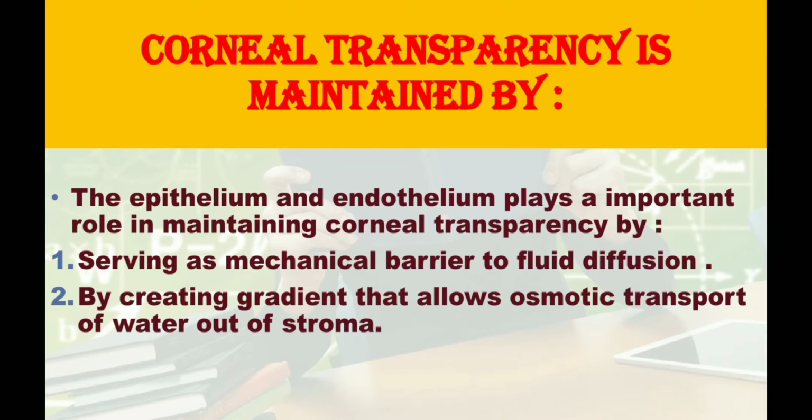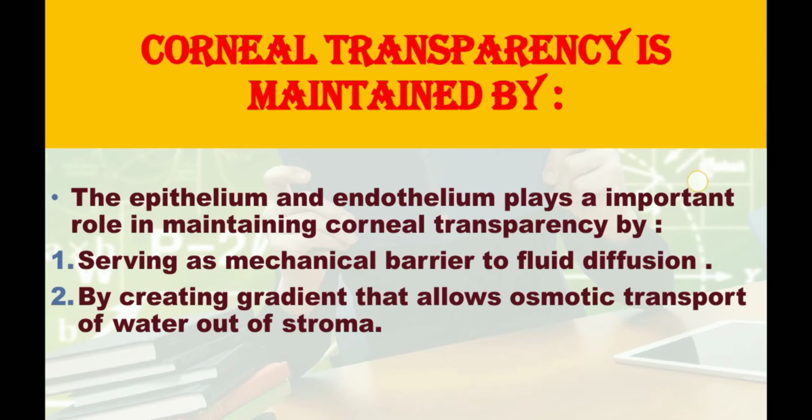These two layers of the cornea are the most important for maintaining transparency, and they create the gradient that allows osmotic transport of water out of the stroma.